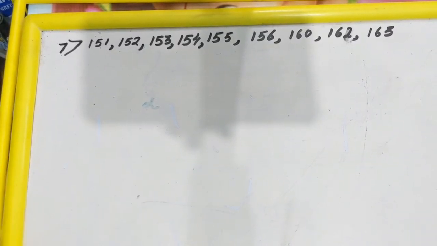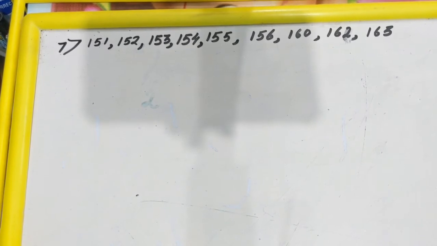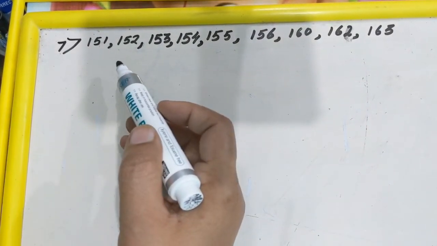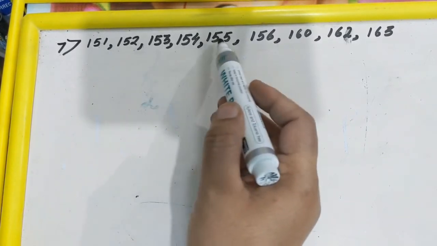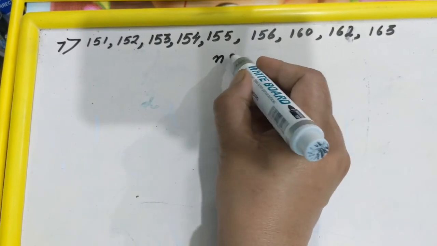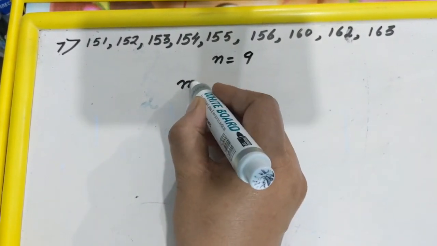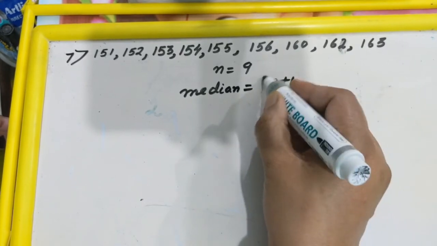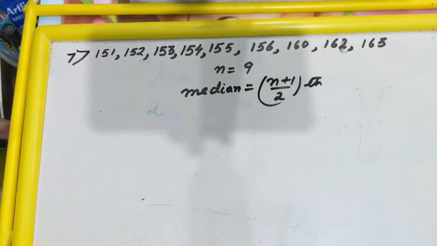So I have arranged these all in ascending order. Let's see whether a total of 9 observations are there or not. 1, 2, 3, 4, 5, 6, 7, 8, 9. Hence n equals 9. So the median is which term? The n plus 1 by 2th observation.